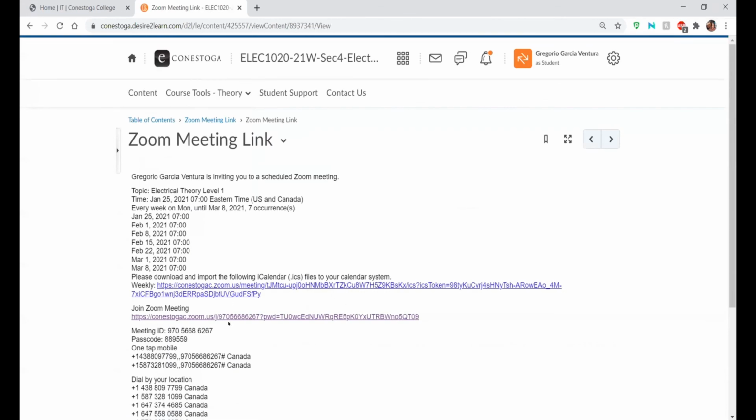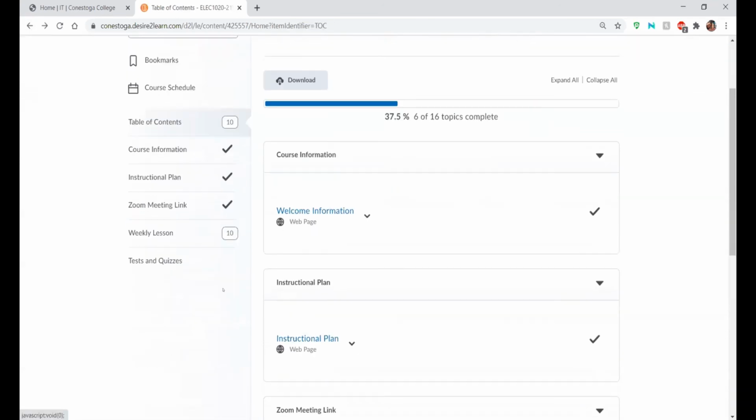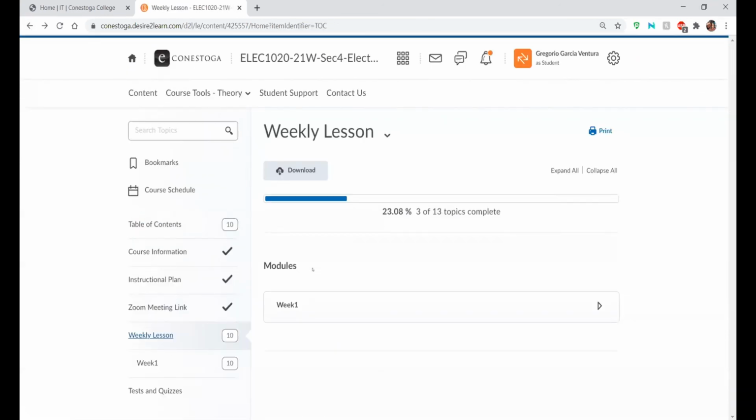It's going to be the same link, and these are all the weeks that we are going to be connected from 7 to pretty much 9:50, beginning today and then every week at the same time. So let's get into our weekly lesson.